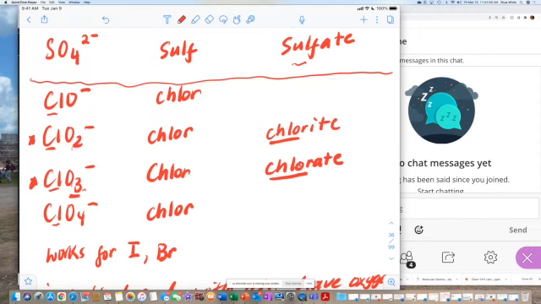What about this top one and this bottom one? The one on top with one oxygen has even less oxygen compared to the chlorite, so they bring in a prefix. This prefix is to communicate even less than what you thought before, as if the ITE is not already communicating that. So they use the prefix hypo: hypochlorite. Hypo is saying even less than the chlorite.